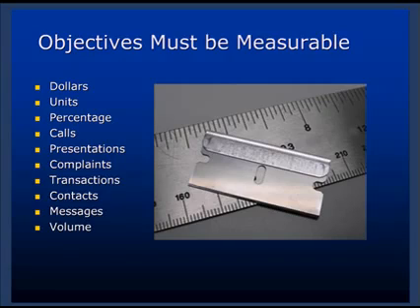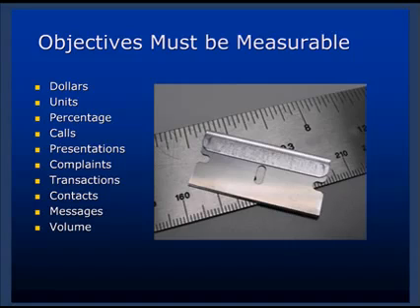Another very important point is the objectives in your plan should be measurable. The most obvious is dollars in sales, dollars in profits, percentage change in gross margin, sales, or profits. But beyond that, whatever you're doing, whatever is in your plan, should be measured somehow, and the measurement should be specified.